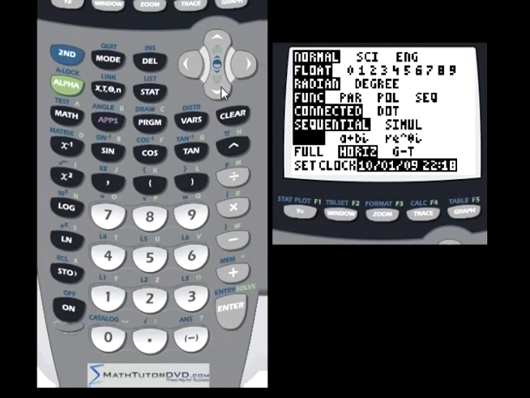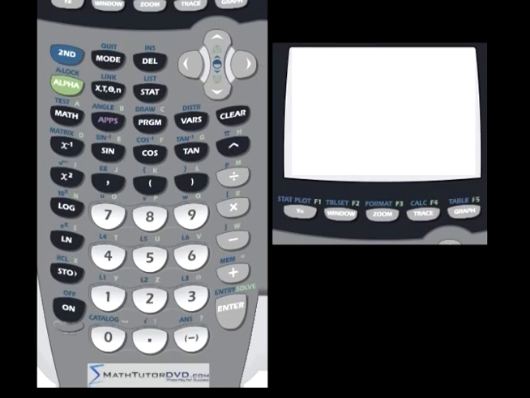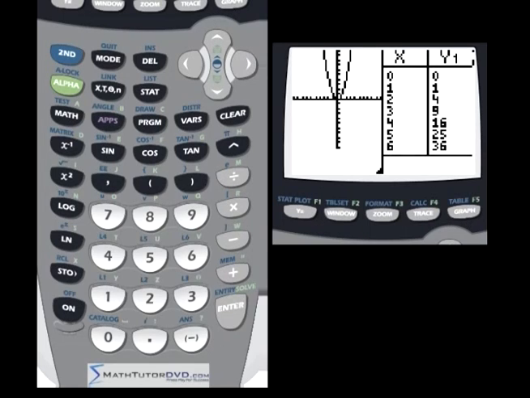The final thing we're going to talk about on this guy is GT, and that means graph-table. So let's just go ahead and select it, and then we'll go out of here. And what that means is when I go in and I look at my graph, it's going to split the screen so that I can also see a table of values here, which is really useful.